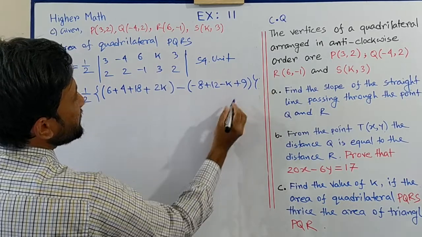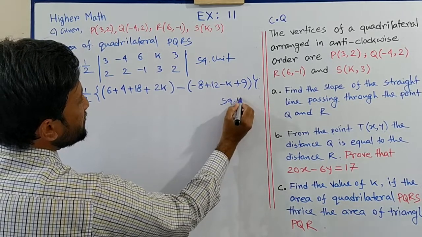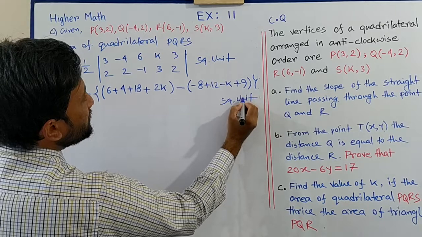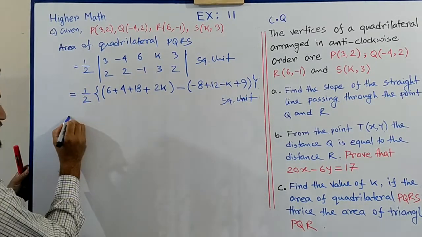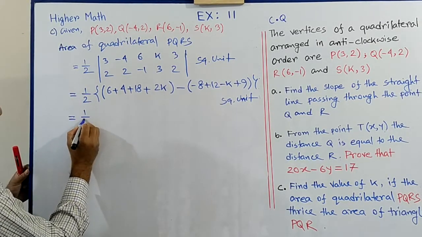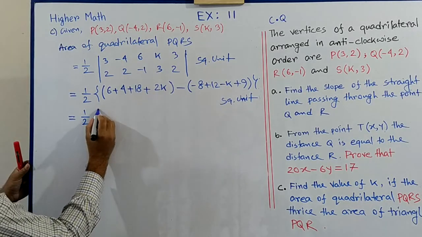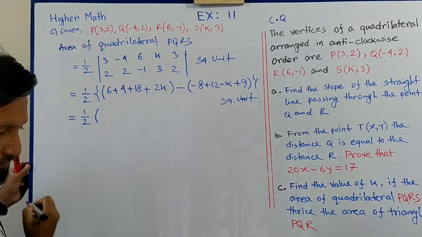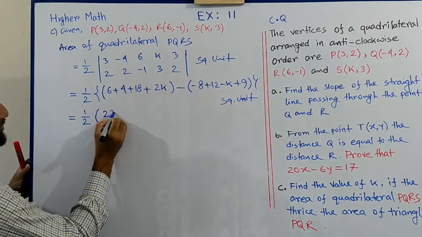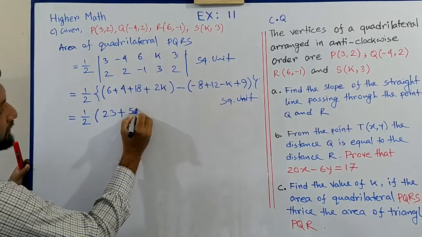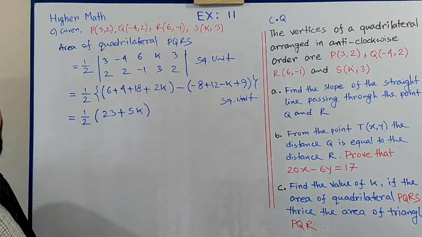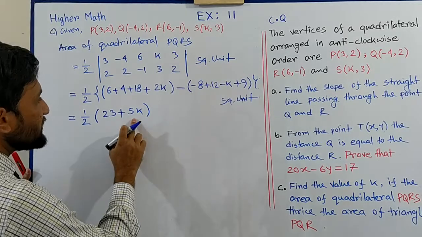Okay, closing the first bracket, and the unit is square unit. By simple calculation we get half of 23 plus 5k.